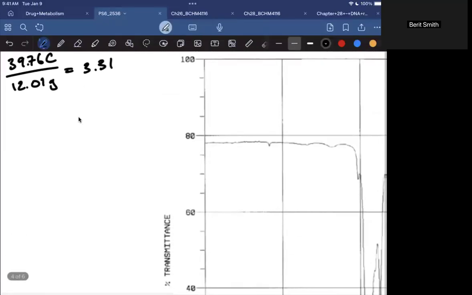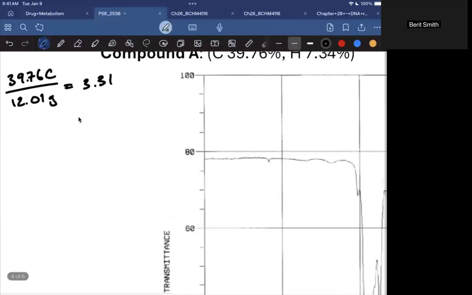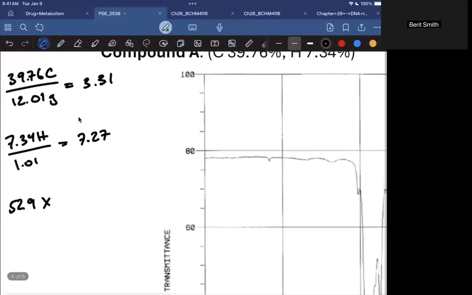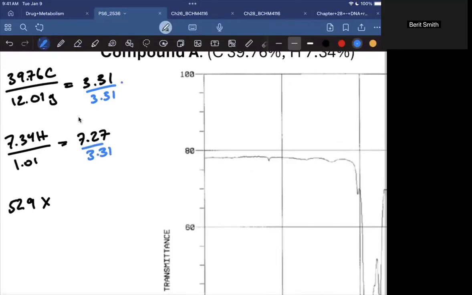And then let's see, hydrogen was 7.34%. Divided by that molecular mass, that gives us 7.27. And then we have 52.9% of an unknown. So I'm going to go ahead and divide this by the smallest number, which gives us 1. And then this is 2.2.